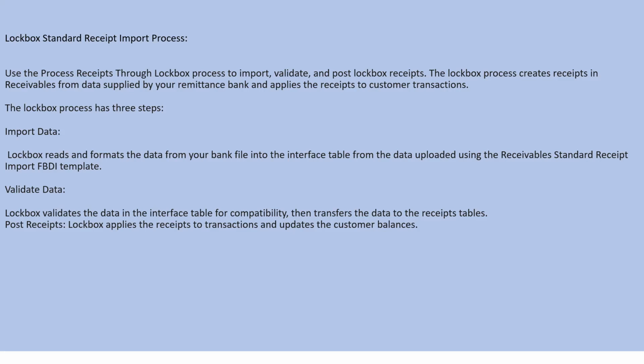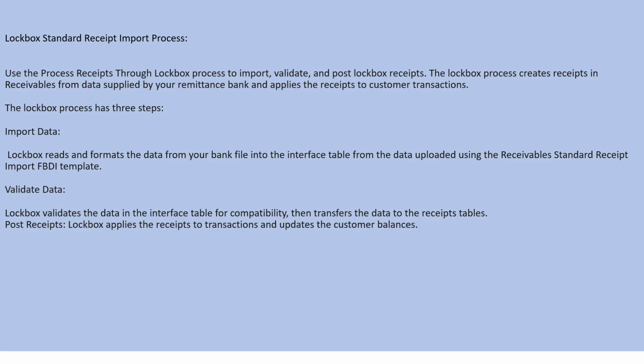Clients use the AutoLockbox process to create or import their customer collections on a daily basis by receiving the data from banks, so it is required to create bulk receipts daily. That's where we can use this Lockbox process, where our clients tie up with the commercial banks they deal with for transactions. That is very high-level information.